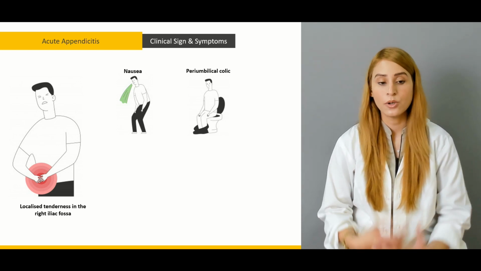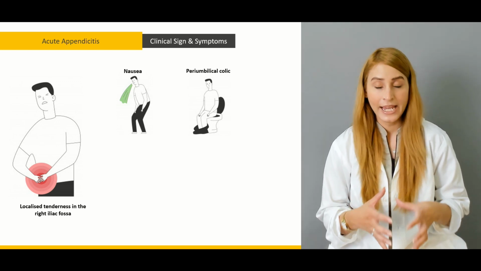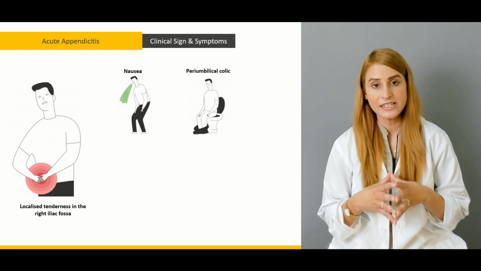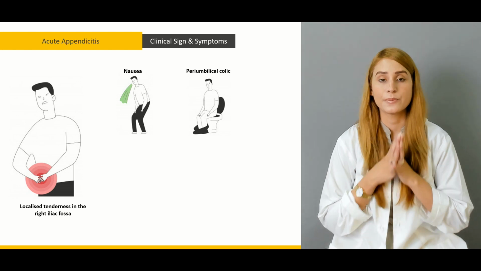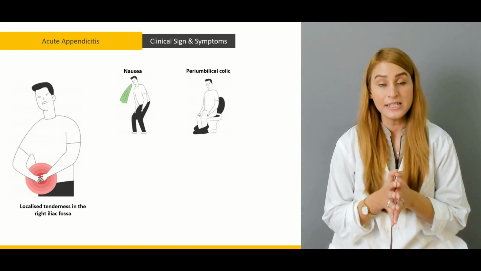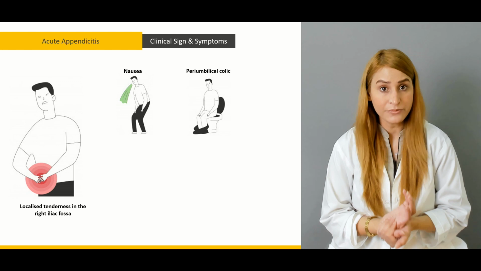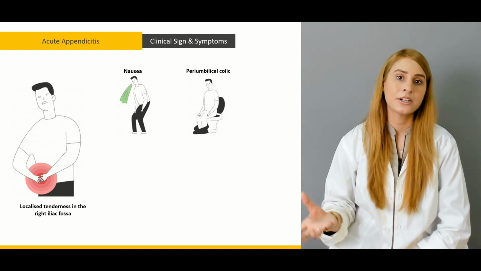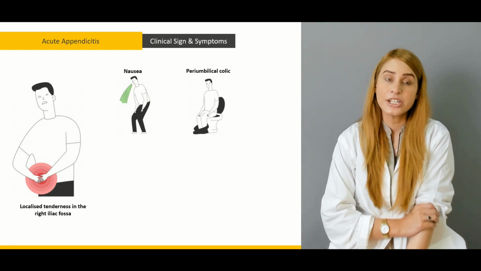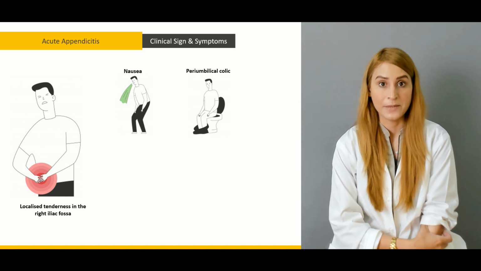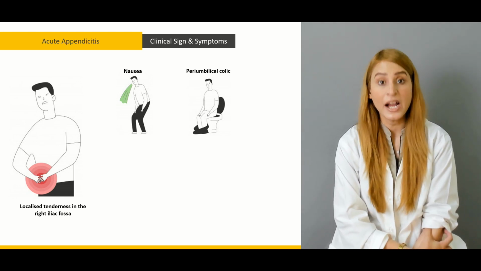First of all, we know that the pain, right? And most of the time in the early stages, the pain starts from the central abdomen, para-umbilical region, right? And then later on, it is shifted into the right iliac fossa. So this is also called a migrating sign.